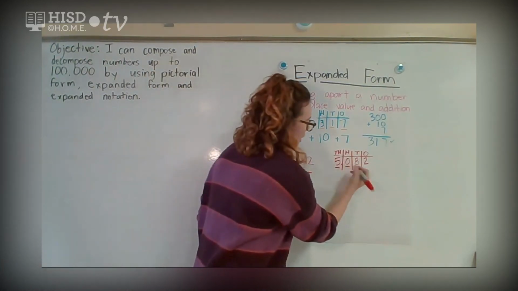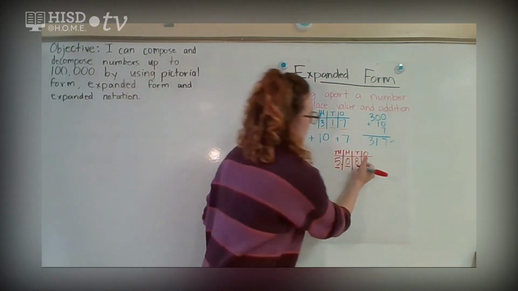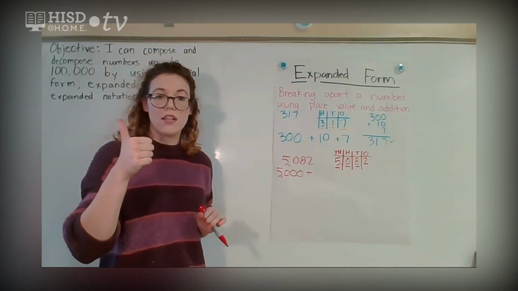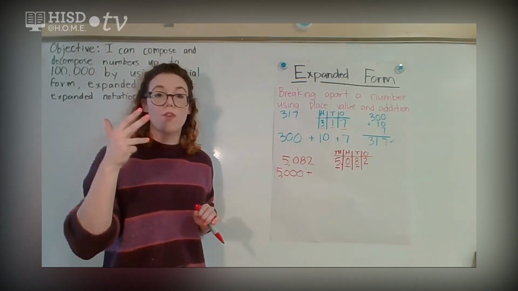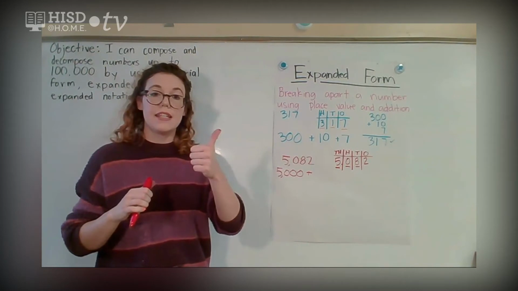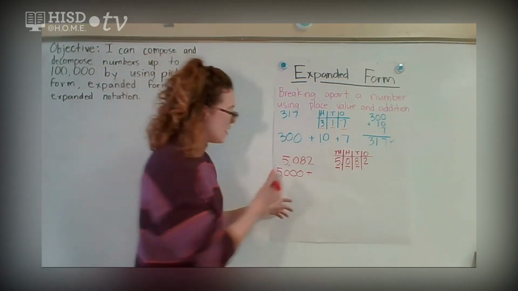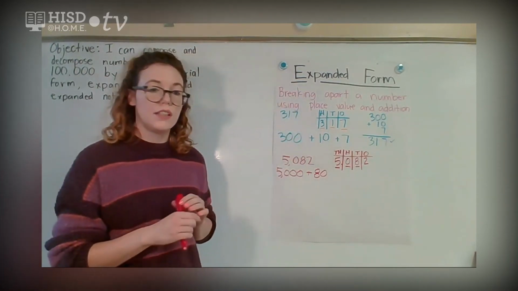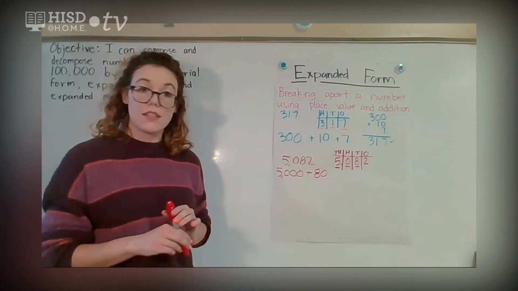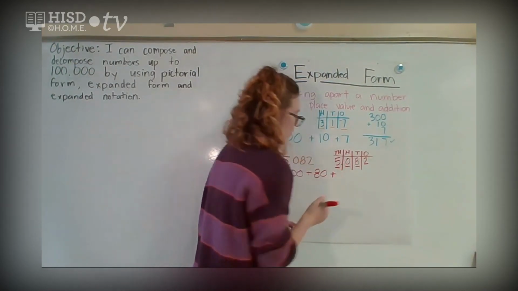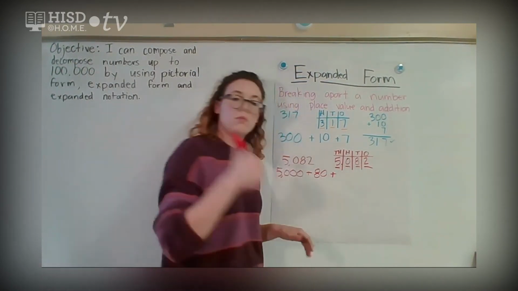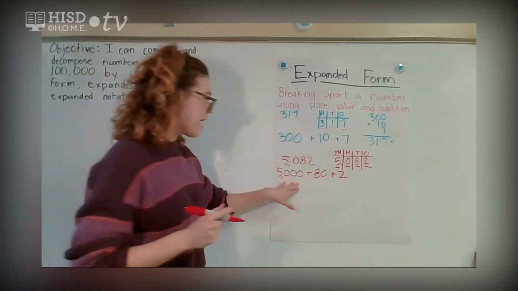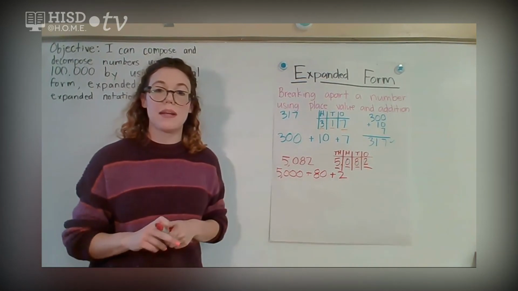So I'll just underline that to know I did that. And let's move on to the tens. I have 8 tens. So 10, 20, 30, 40, 50, 60, 70, 80. 5,000 plus 80, plus, I have 2 ones. 1, 2. So I have 5,000 plus 80 plus 2 is my expanded form.